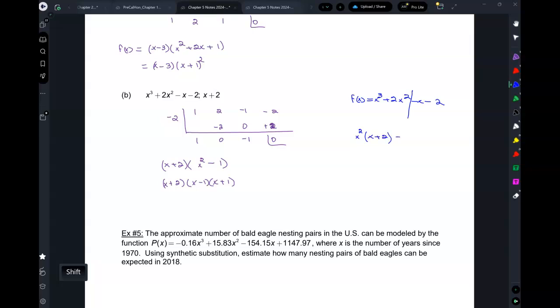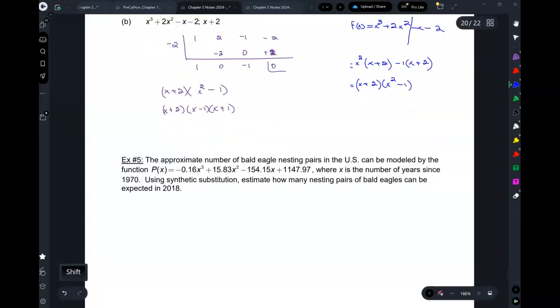Here you factor out a minus 1 and you get x plus 2. So now this is x plus 2 times x squared minus 1, and it's the same thing. So if it just says here's a function, recognize that you can do it both ways. They're both equally acceptable.